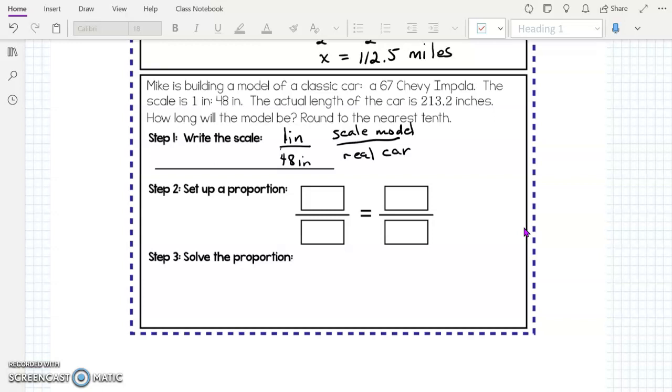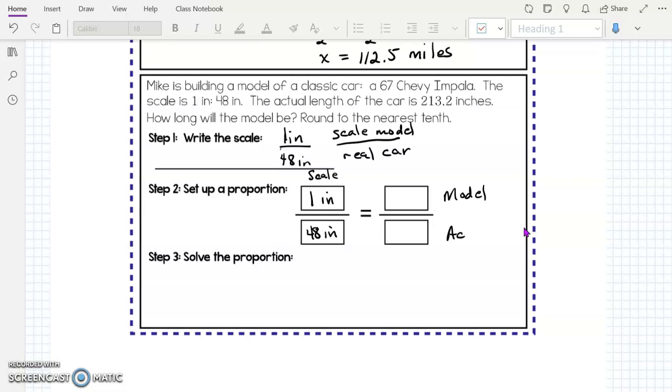Again, on the left side is where we put our scale, which is 1 inch to 48 inches. On the right side, is where we will put our question. The actual length of the car is 213.2 inches. So remember, the model measurement is on top.